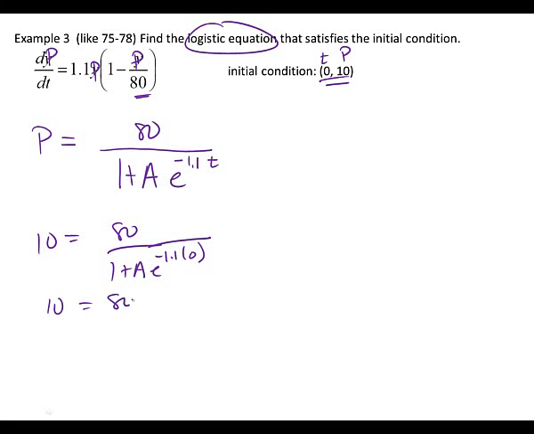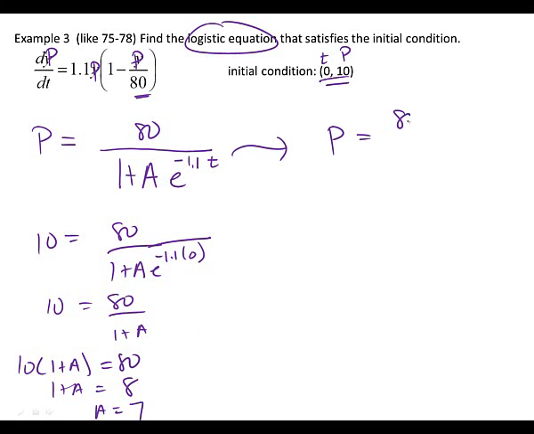So we have 10 equals 80 over 1 plus a. Could I cross multiply it again or multiply by the denominator? So 10 times 1 plus a. I'm not going to distribute because isn't it easier to divide by the 10? So 80 divided by 10 is what? 8. So a is going to end up equaling what? 7.